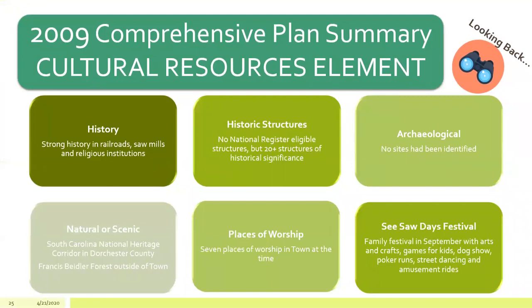Moving on to the cultural resources element, looking back at the 2009 comp plan findings, there was a strong history in railroads, sawmills, and religious institutions. There were no National Register eligible structures found, but about 20 or more structures were deemed historically significant in the town.